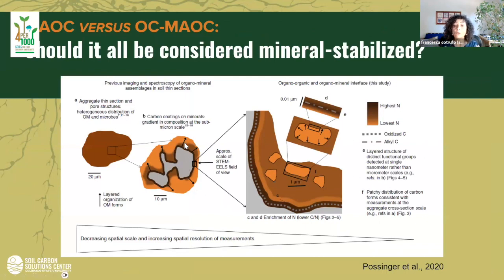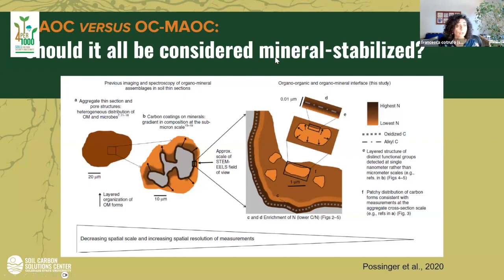And that is, what is the difference between organic matter and organic matter actually bonded to minerals? Can we call all of that stabilized? Are the methods that we are currently using really separating the stable organic matter, or is a lot of it actually organic carbon associated to MAOC?